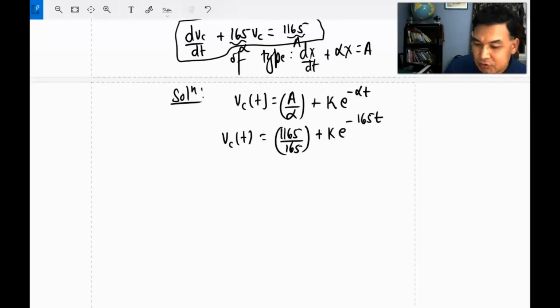But we still don't know this unknown constant k, and that needs to be determined by the initial condition. And what is your initial condition? At t equal to 0, you can say 0 minus or 0 plus. 0 minus is just before the switch is turned to 1, and 0 plus is immediately after the switch is connected to 1, and they must be the same.